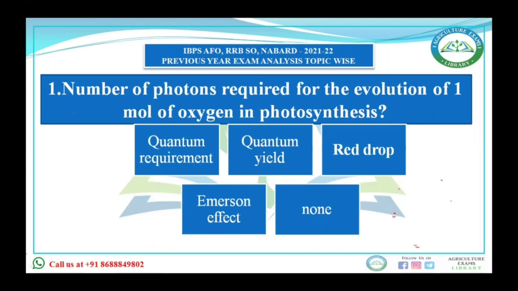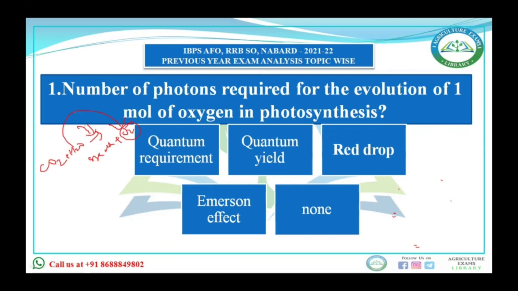You all know the general reaction: CO2 and water, in the presence of sunlight and plant pigment, are converted into starch or glucose plus O2. And this O2 release comes from the water in the presence of light.